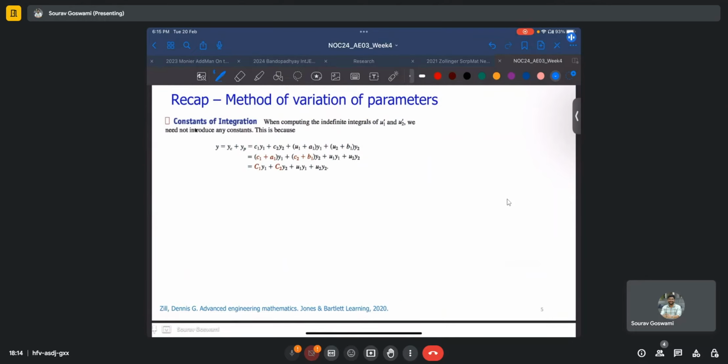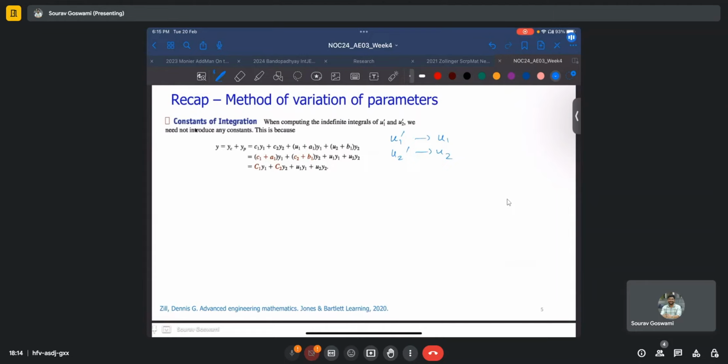While integrating from u1 prime to obtain u1 and from u2 prime to obtain u2, we will be performing indefinite integrals, but will not be putting any constants of integration. And why that is, is explained here.